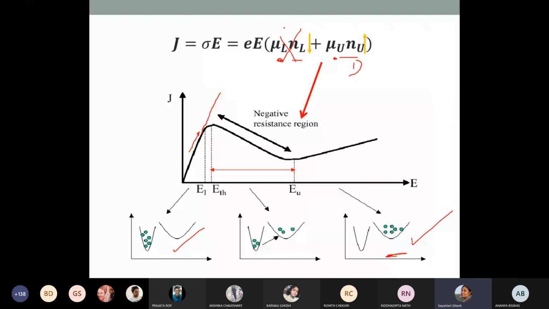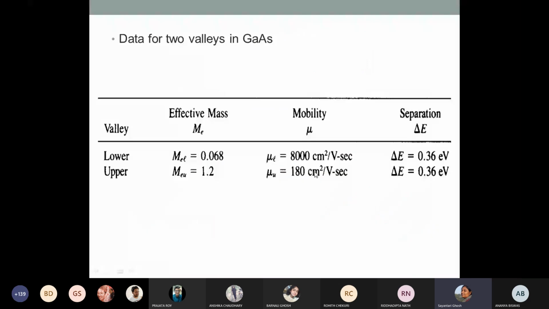So J equals sigma E will give you E mu U N. Okay, so you get a different resistance, that is, a different slope. This is the slope you expect for the case where all of them are in the upper valley, because the value of mu U, as I pointed out earlier, is an order of magnitude smaller than that in the lower valley.